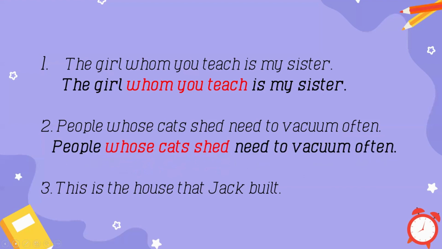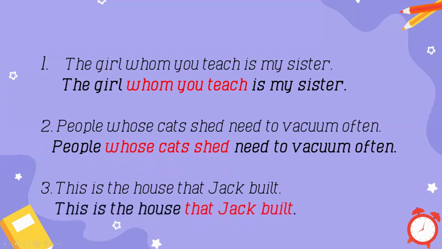Therefore, it functions as an adjective clause, as I told you. And then number 3, that Jack built, modifying the predicate noun or predicate nominative house, which is a noun, of course. That Jack built is your adjectival clause.